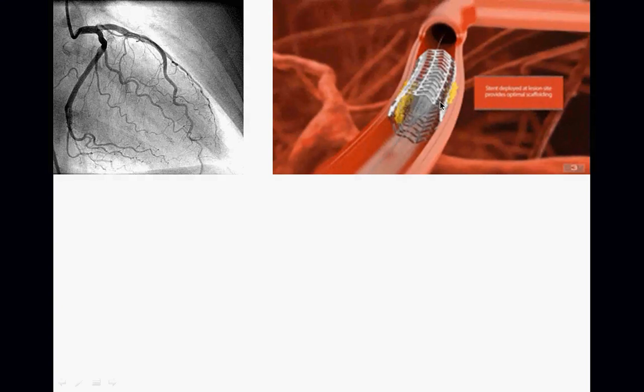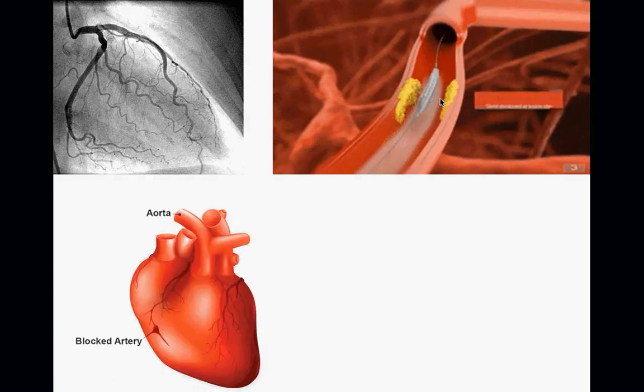In severe cases, when the blockade is very severe, they also opt for bypass graft. So this is the blocked artery. What you do is you take a graft. The main graft used is the great saphenous vein, because it is very easy to get.